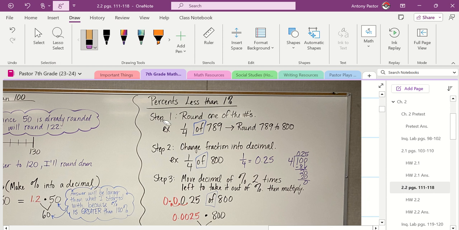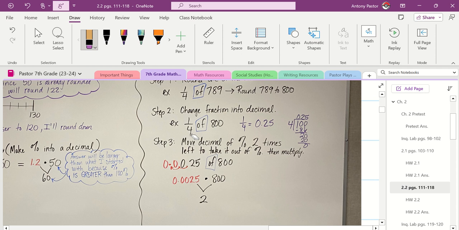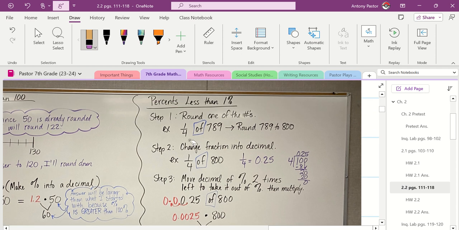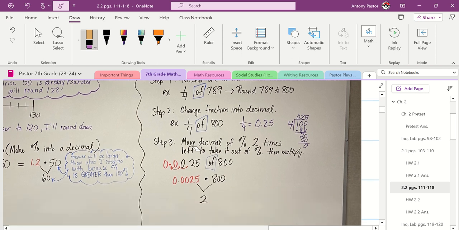So with this example, round one of these numbers. They want 1/4% of 789. We'd round 789 to 800. Now this one's not showing me if it's a percentage or not. Yeah, I'm assuming this is asking 1/4%. They forgot to write the percent here. Change the fraction into a decimal.